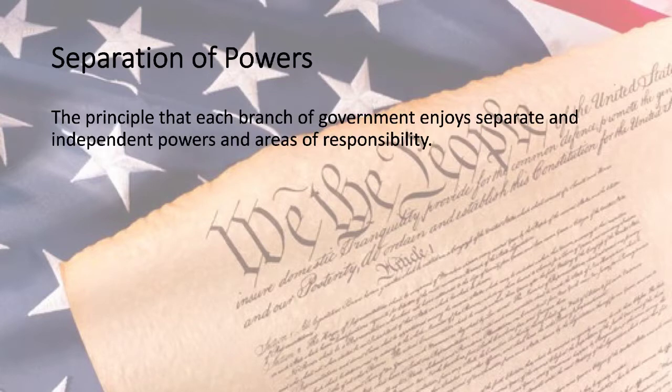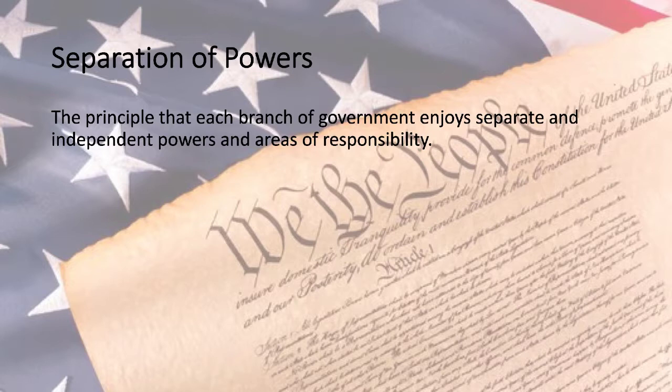The next one is separation of powers. This is a principle that each branch of government enjoys separate and independent powers and areas of responsibility. The reason the framers chose this was because they wanted to ensure that no one person or group of people had too much power. Their idea originates from the way the English government had developed into 3 separate groups: the monarchy, the House of Lords, and the House of Commons.